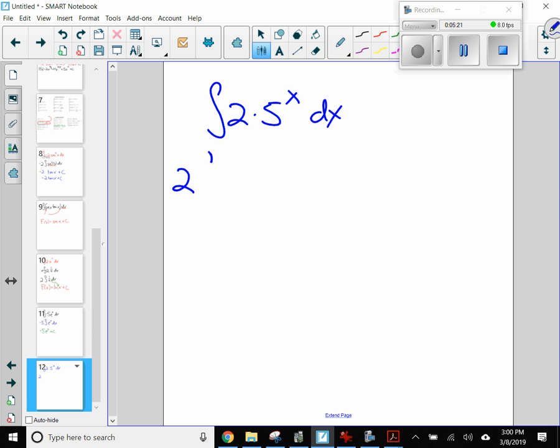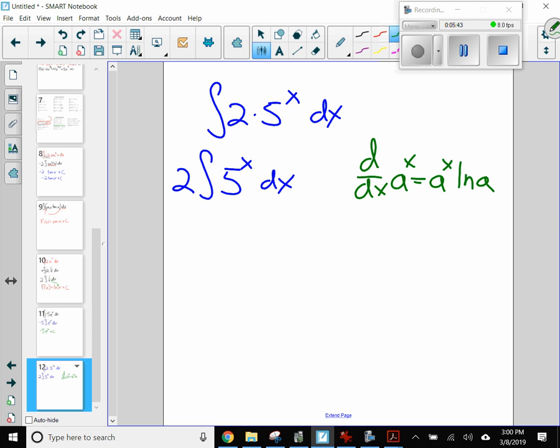So 2 times the integral 5 to the x dx. And I have to remember that the derivative with respect to x of a to the x is equal to a to the x ln a.